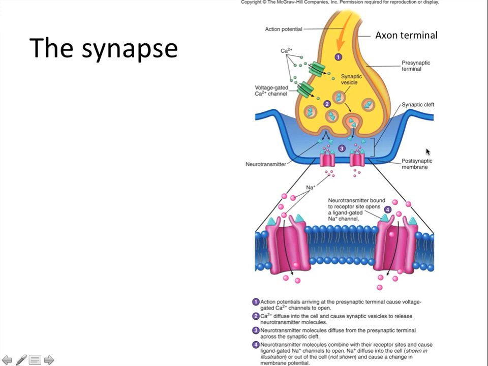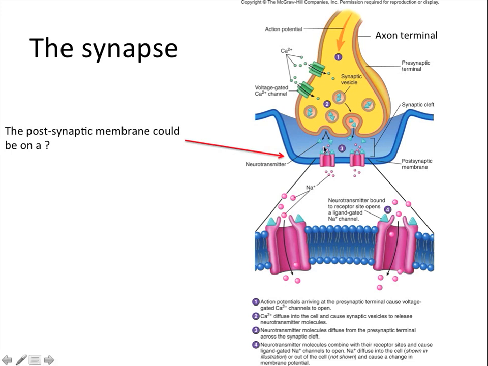It's important to note here that this membrane could be on lots of different places. The postsynaptic membrane could be on a skeletal muscle, for example. It could be on another neuron, or it could be on a gland, for example. So this postsynaptic membrane could be on lots of different places.